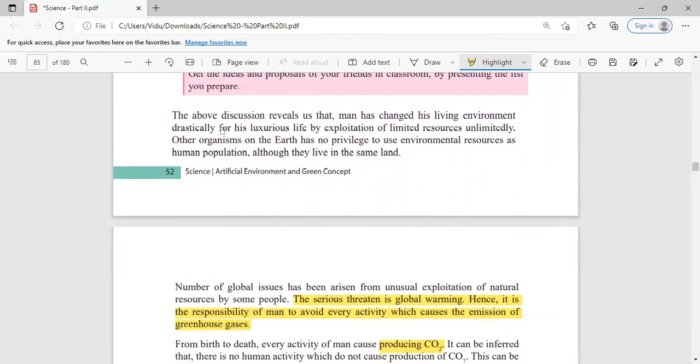So all of this discussion reveals that man has changed his life environment drastically for his luxurious life by exploiting limited resources unlimitedly. Other organisms on Earth have no privilege to use environmental resources as the human population does, although they live on the same land.